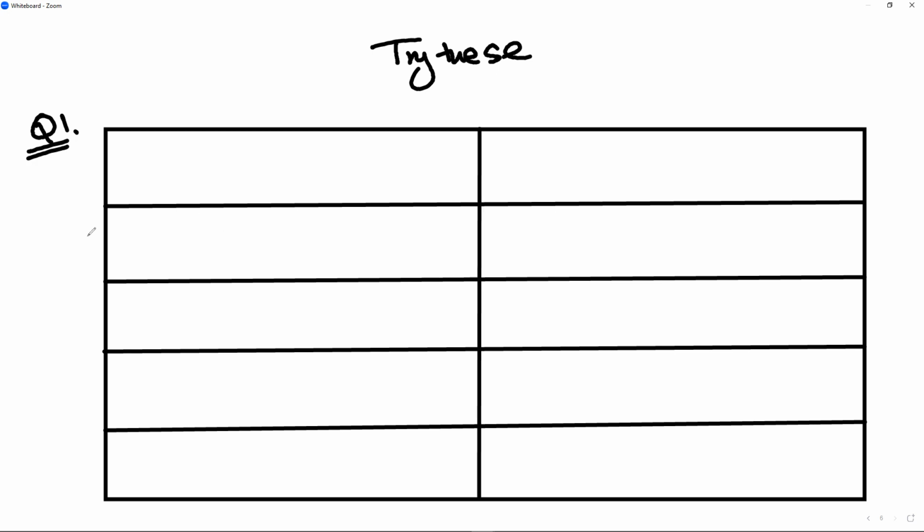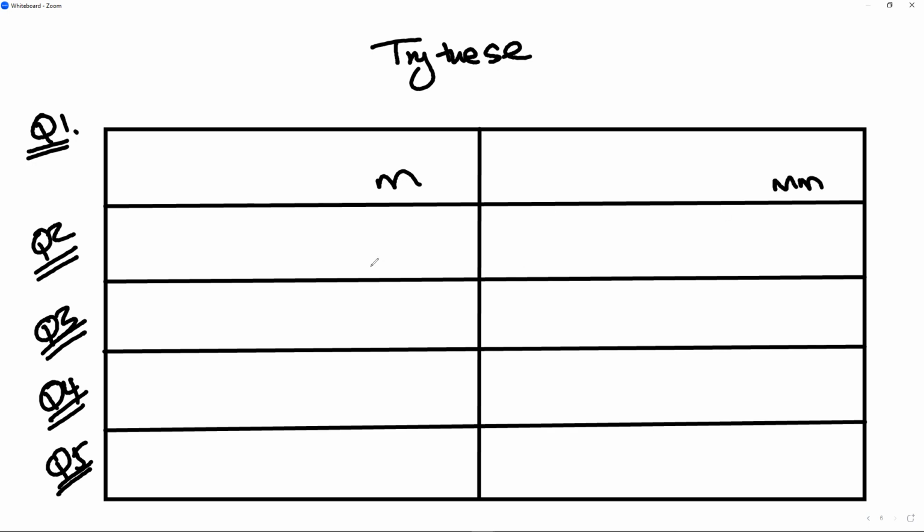Okay, so question 1, question 2, question 3, question 4, and question 5. I want you to convert from meters to millimeters. I want you to convert from kiloliters to liters. And I want you to convert from grams to tons.